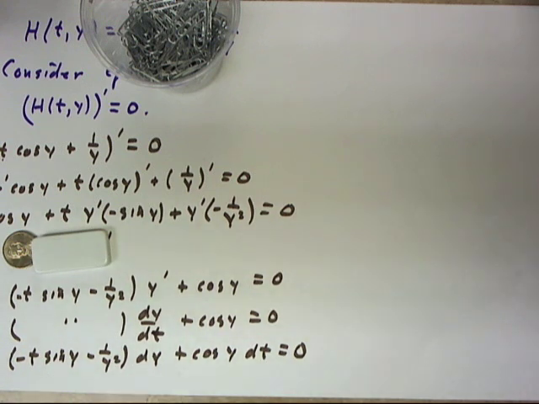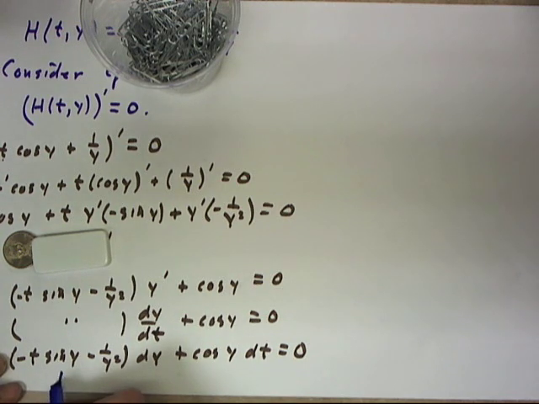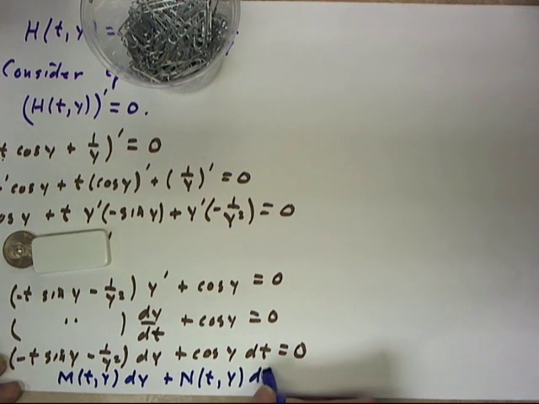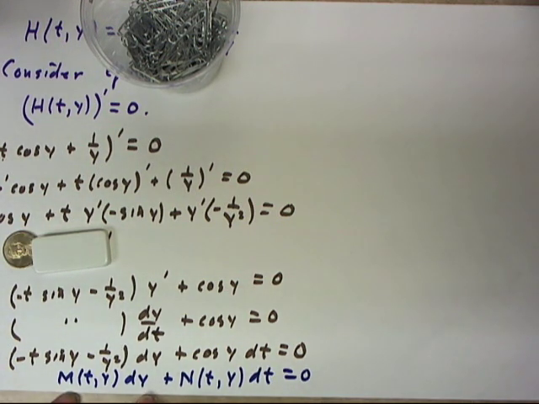I'm going to observe something about this equation. This equation's of the form M of t,y dy plus N of t,y dt equals 0.